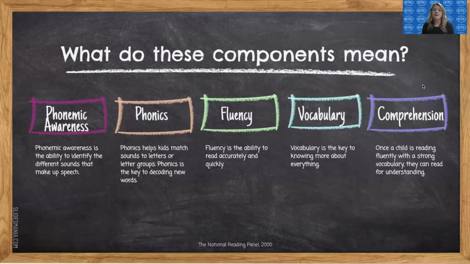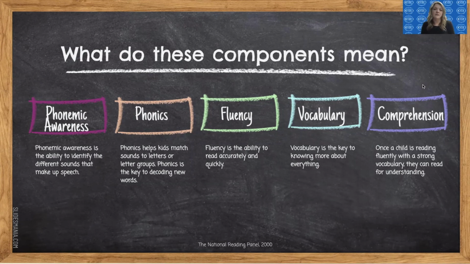Phonics helps kids match that sound with the written letter. So that letter-sound association is phonics, knowing that for cat, I hear k, at, and also that those sounds I hear are represented by C-A-T.